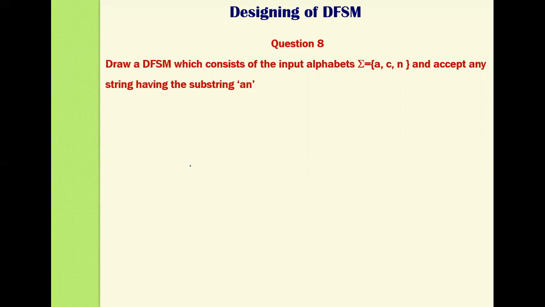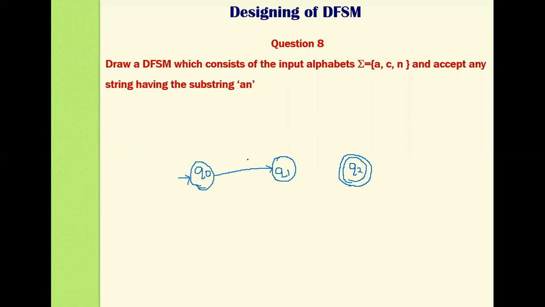So let me just draw it again. I have Q naught, and then Q1, and then Q2, that is the final state. These are the states I have.